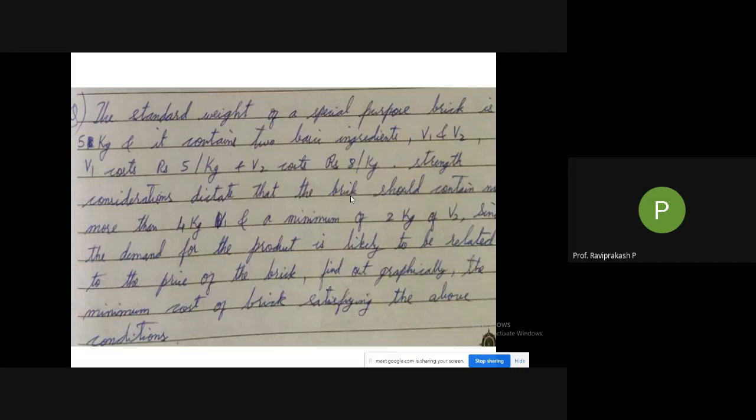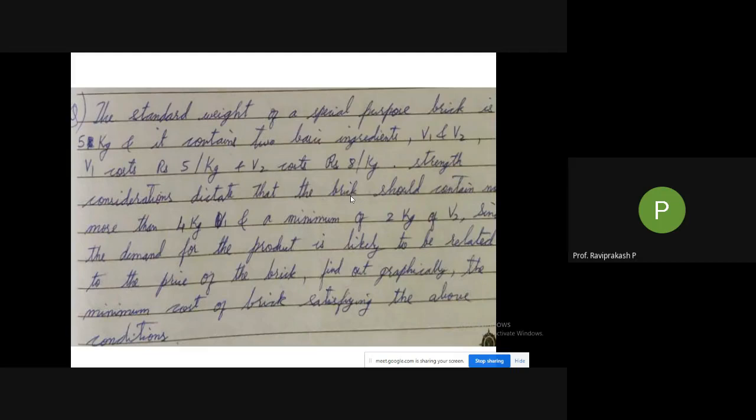V1 costs rupees 5 per kg, and V2 costs rupees 8 per kg. Full stop.